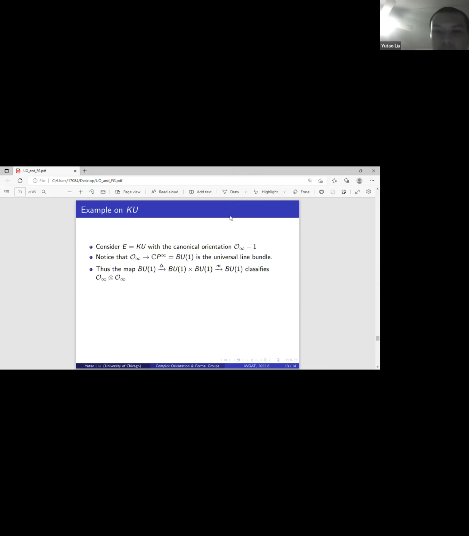And you know the multiplication on CP infinity represents the tensor product between line bundles. So if you apply the diagonal map, and this multiplication, basically this one classifies a complex line bundle over BU(1), which agrees with the tensor product between the two copies of the tautological bundle.